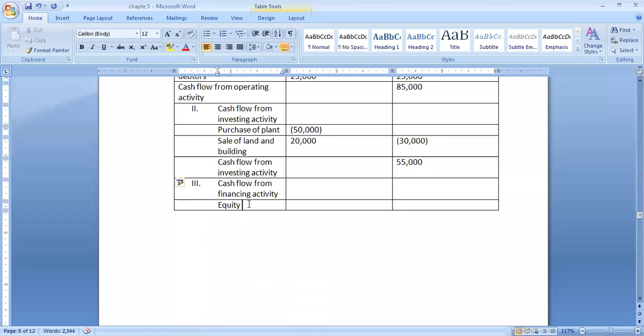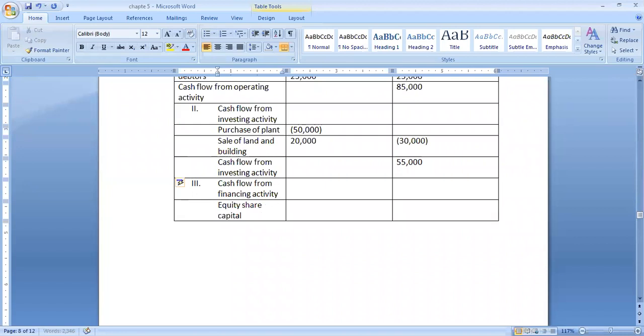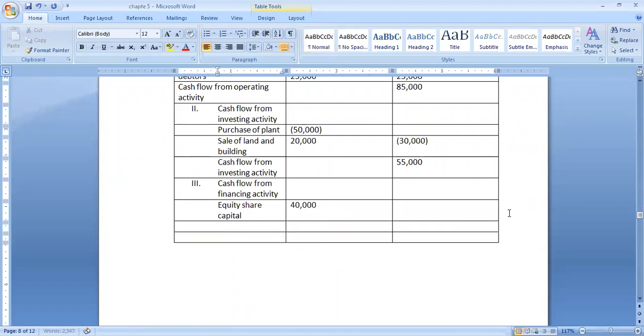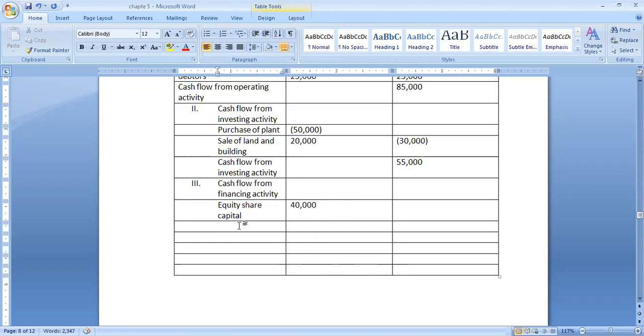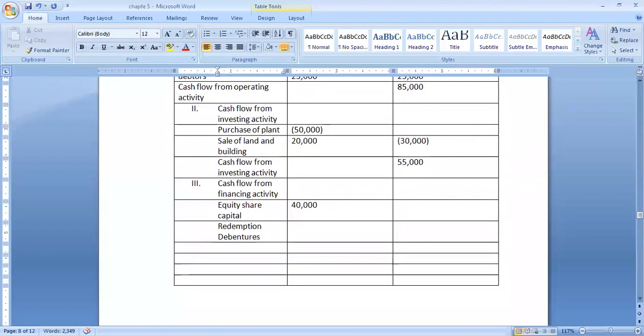So which are the financing activities? Equity share capital, that is issue of equity share capital. What is the value of equity share capital? It is 40,000. So 40,000 will be taken into consideration here. And there is also debentures. So debentures is reduced. So you can write it as redemption of debentures. So what is the value of debenture redemption? 60,000. That will be taken into consideration.